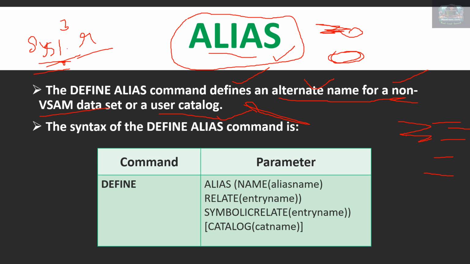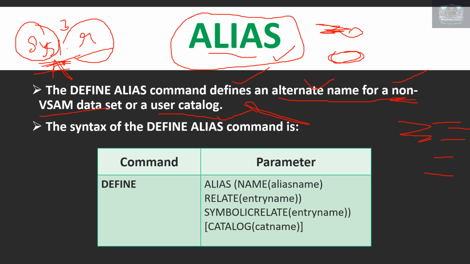These are all system library files, so no one should have access. SYS1 is a very important high level qualifier, but it is a normal qualifier. It doesn't belong to any user. There is no user with the name SYS1, right? So that type of alias definition is called a definition for a non-VSAM dataset.